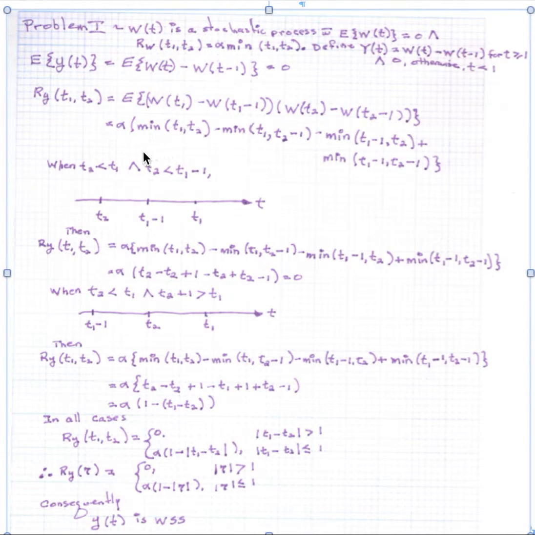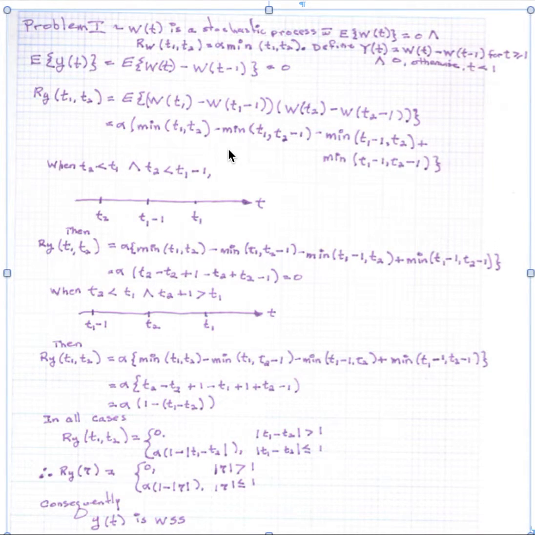So that product is equal to alpha times the quantity min of T1, T2 minus min of T1, T2 minus 1 minus min of T1 minus 1, T2 plus min of T1 minus 1, T2 minus 1, which is really replacing the corresponding terms in the stated equation.